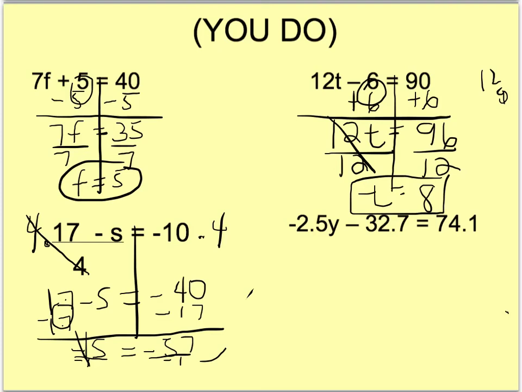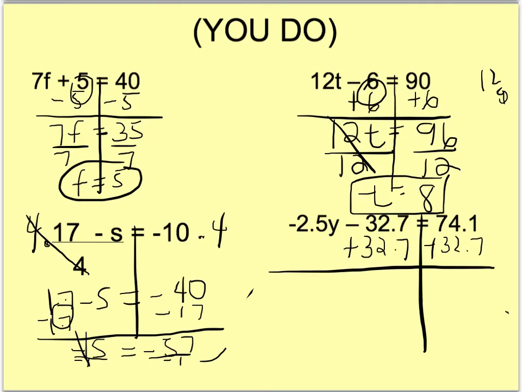And the last one. Okay, so here we're dealing with some decimals. So if I have minus 32.7, I'm going to add 32.7 to both sides. So this becomes 0. And then I have negative 2.5y is equal to, I need to add these together.